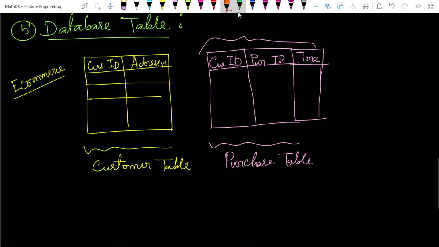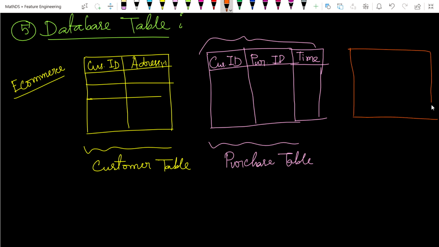There is also another kind of table, maybe a product table. Here is the product ID, what its price is, and what its description is, and so on. These are called the product table.